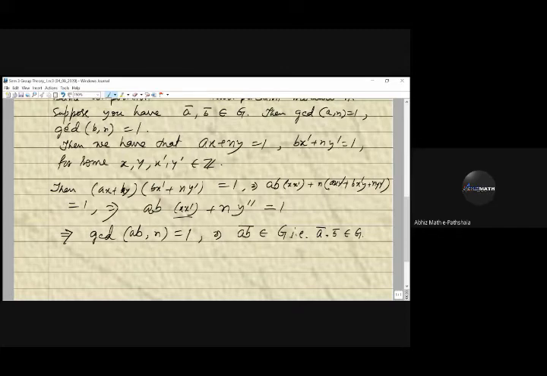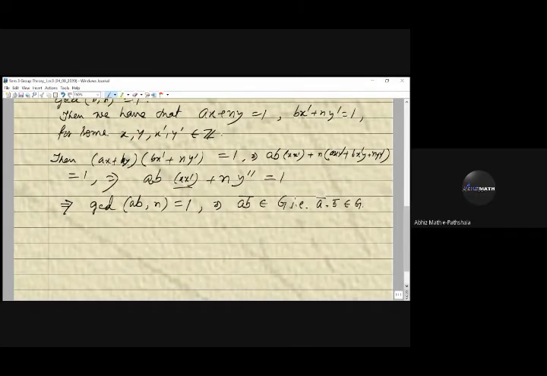The composition is closed in G, that is, given any two elements from G, the composition of these two elements will again go to the same set G. So this says that G is closed under this multiplication modulo n, or you can say that dot satisfies closure property in G, right?